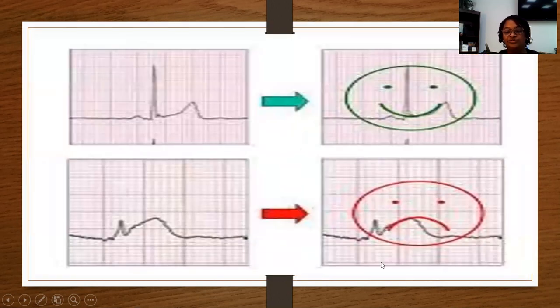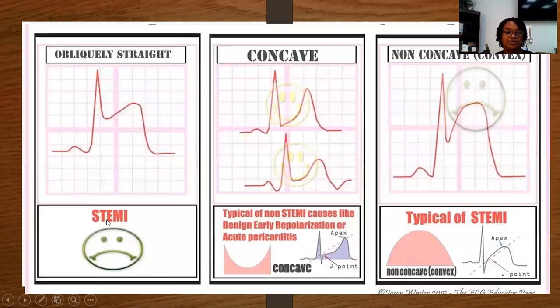Here's your EKG strip illustration of your smiley face and your frowny face. And here's also another image illustrating your STEMI, with your convex ST elevation. And here's what it looks like, your concave with early repolarization or acute pericarditis.